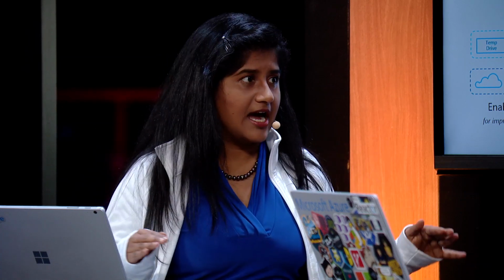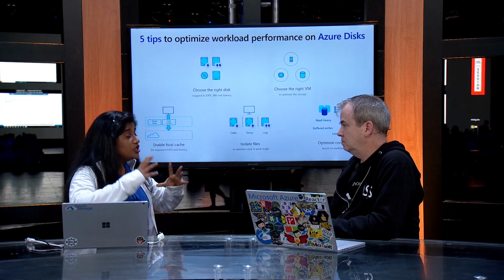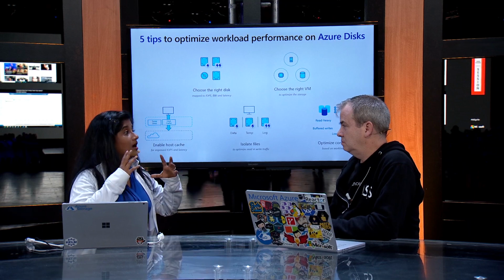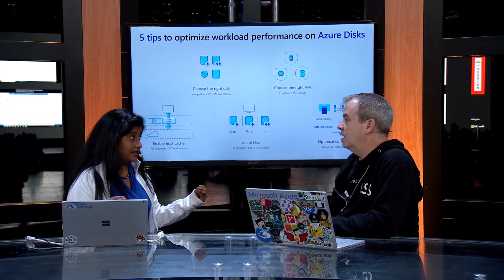If you're looking at databases, things that are IO intensive, you are looking at using premium. And if you're looking for sub-millisecond latency or super high IOPS for business critical workloads, you're looking at Ultra Disk. Choosing within those disk types is a really important factor to think through.